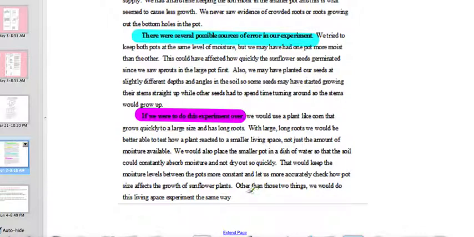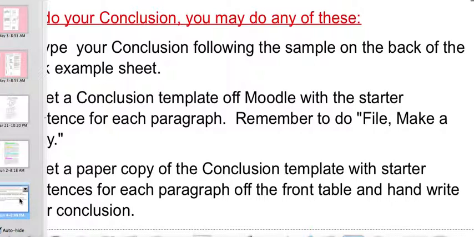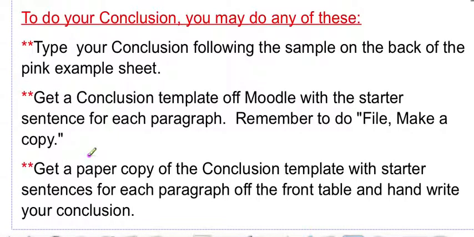So now, what is it that you can be doing? Well, to do your conclusion, you may do any of these. You may type your conclusion following the sample on the back of the pink example sheet. The pink example sheets are sitting on your tables, and you can see those. Just type straight with the computer and print it off.